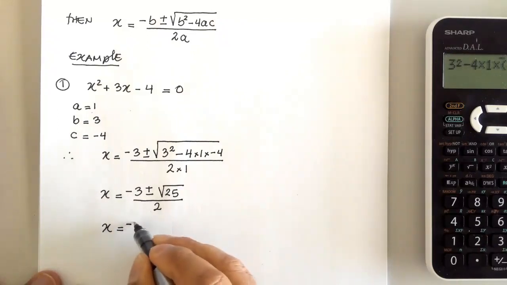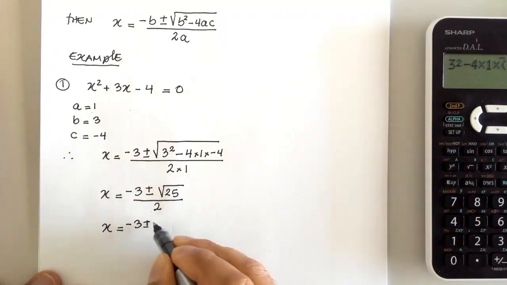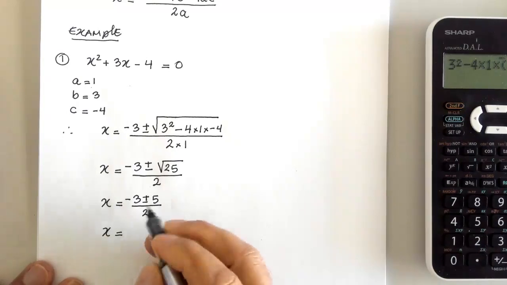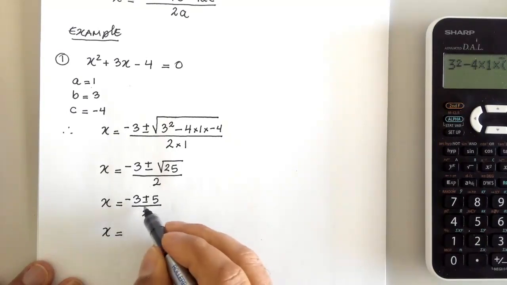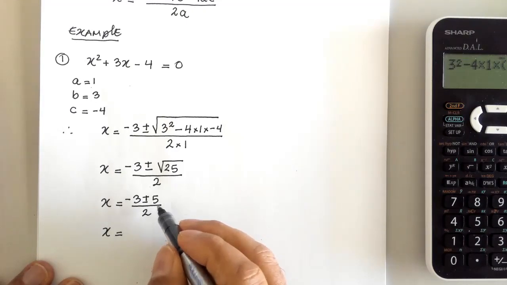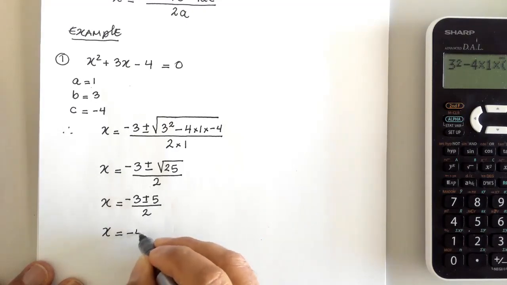Okay, so I'm going to have -3 plus or minus 5 and then divide by 2. Therefore, -3 minus 5 is -8, and -8 divided by 2 is -4.